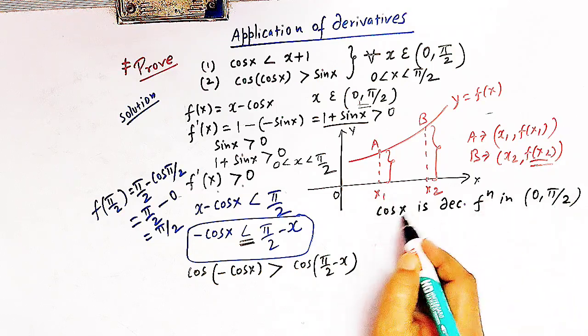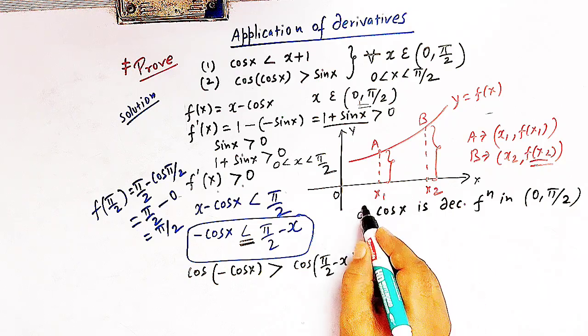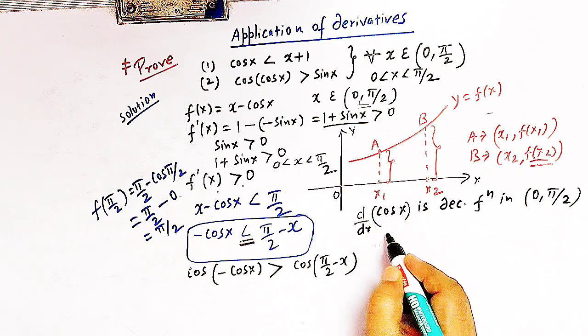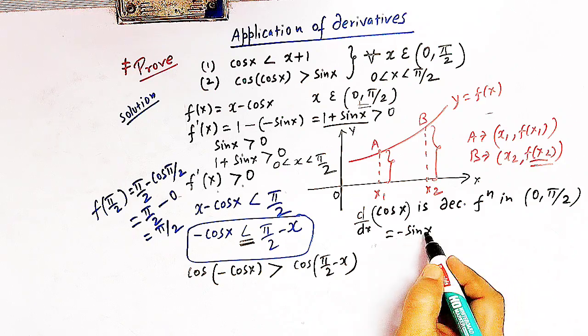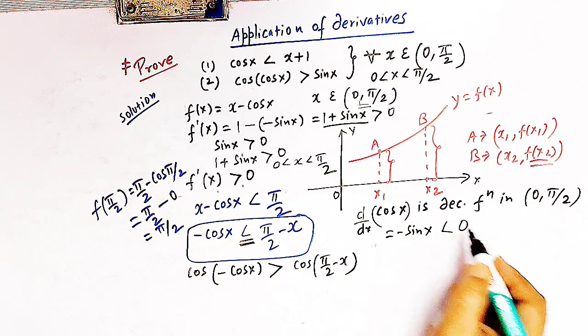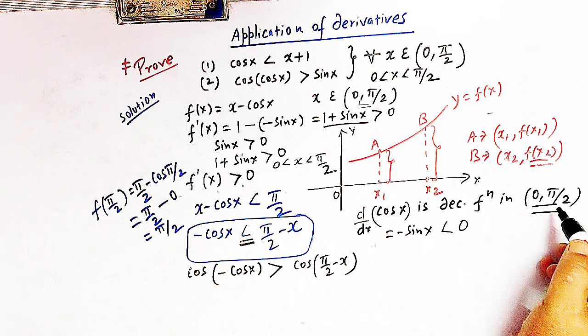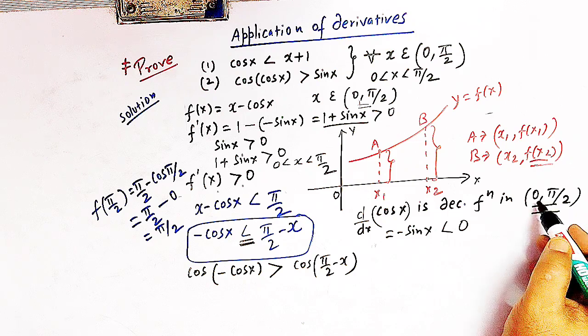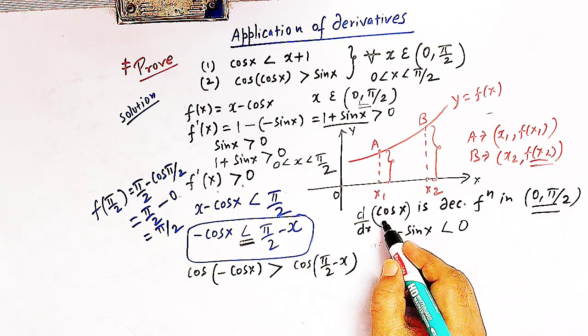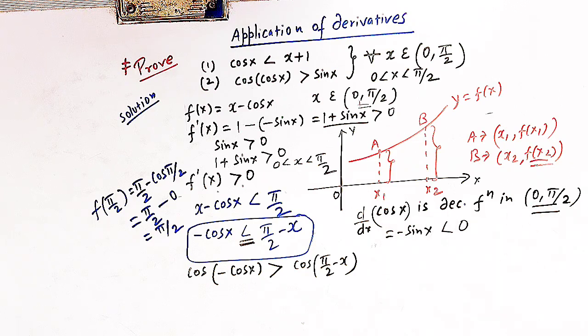When we find the derivative of cosine x, it is equal to negative sine x, and sine x is positive, so minus sine x is less than 0 in this interval. So the derivative of cosine x is negative in the interval 0 to pi by 2, hence the cosine function is a decreasing function. So when we take cosine of both sides, the direction of the inequality gets reversed.